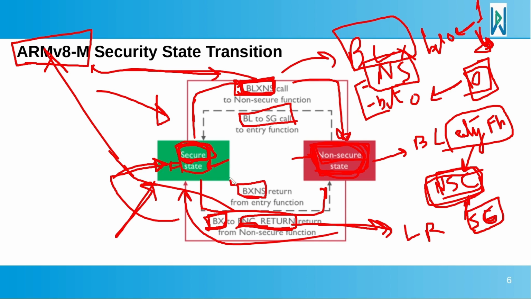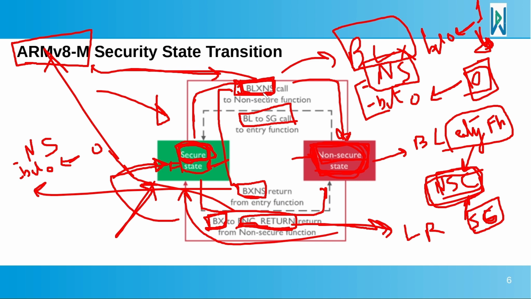This instruction is quite similar to this BLXNS. Means the destination address that we are jumping to must be marked as non-secure attribute and must have bit 0 cleared. So same conditions as our BLXNS one.